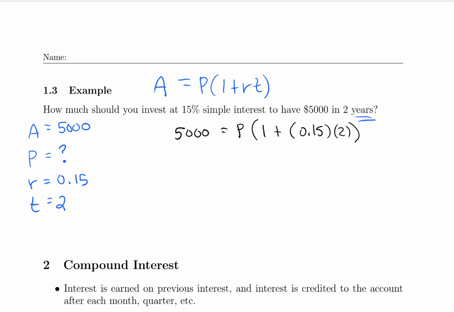Again, make sure you do the order of operations. 0.15 gets multiplied by 2 first, and then we can add it to 1. So we have 5,000 equals 1.30 P. If we divide by 1.30, we will be able to solve for the principal.